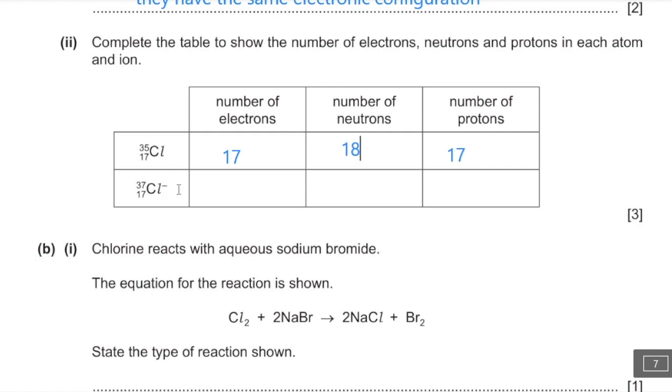Now we have chlorine ion, which means the number of electrons is going to be more than the number of protons, since this is a negative charge. And since this is only a -1 charge, the number of electrons is increased by 1. However, the number of protons remains the same, and for neutrons, you subtract 17 from 37, and that gives you the number of neutrons as 20.